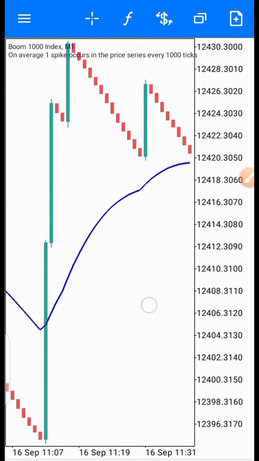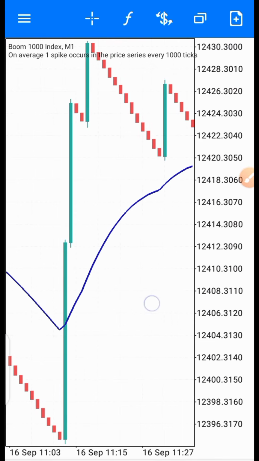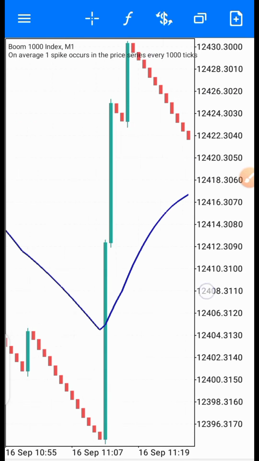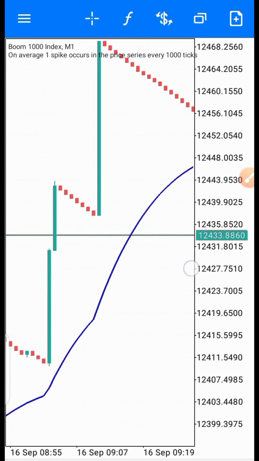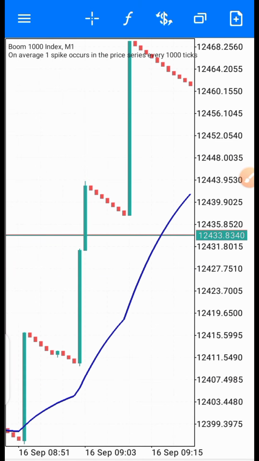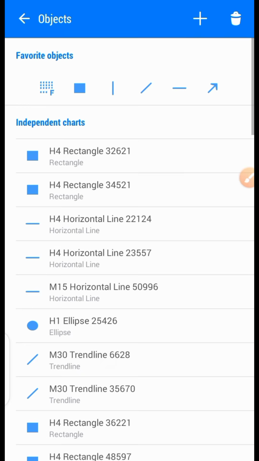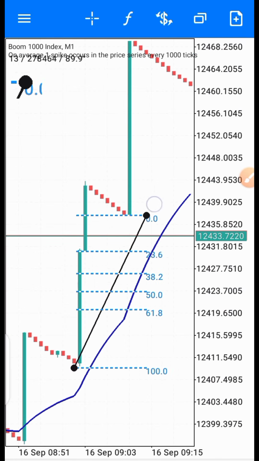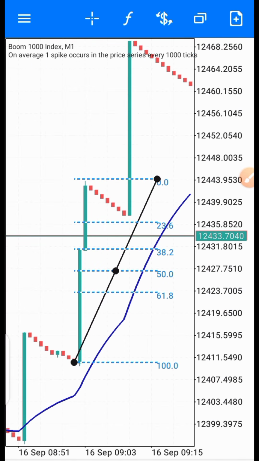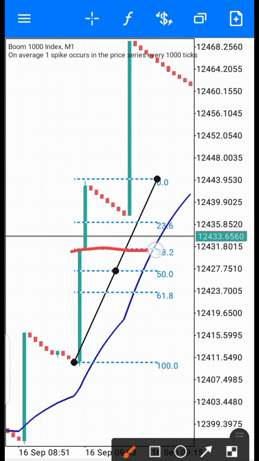Let's check another one. Like here now, I don't think it has entered the level. It doesn't get to level 38 before the spike happens, so you don't have to trade this.